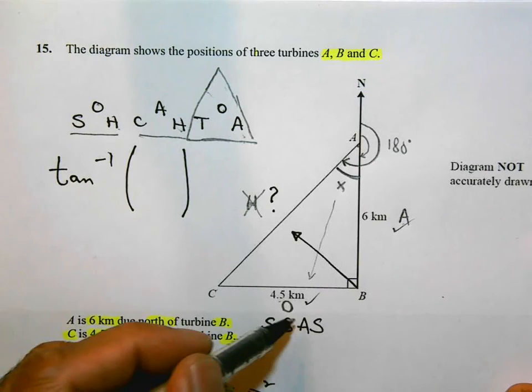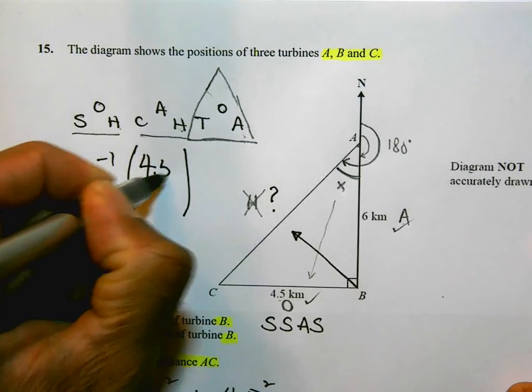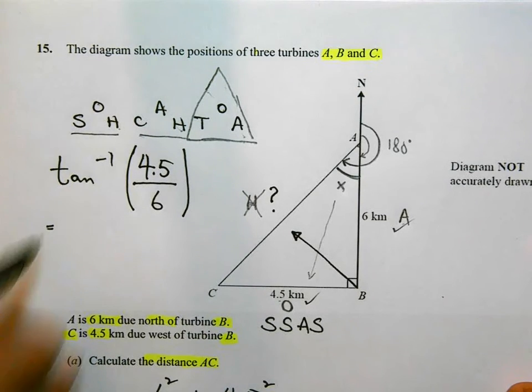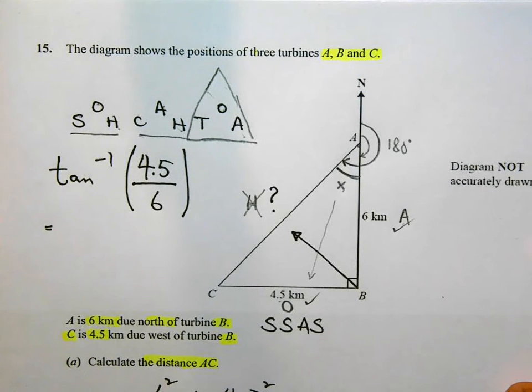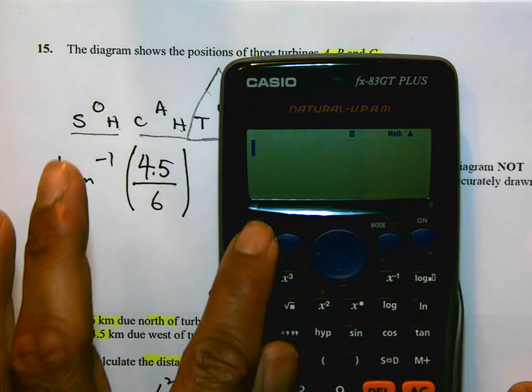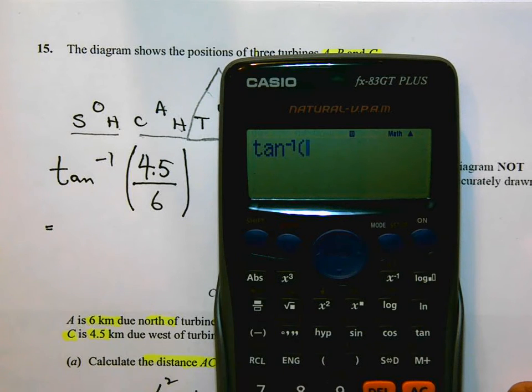Because it's an angle I'm trying to find, I'm going to use inverse tan. And I know the inverse tan is opposite over adjacent. Opposite is 4.5. Adjacent is 6. So I just need to work out that value. If I get my calculator, I'm going to do shift tan, and that's how I get the inverse tan.